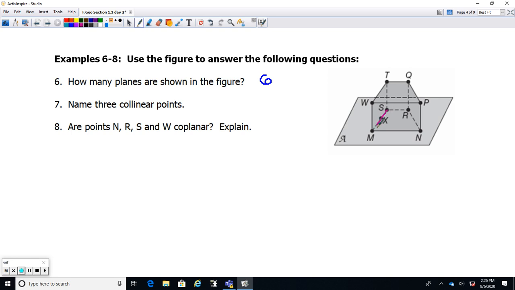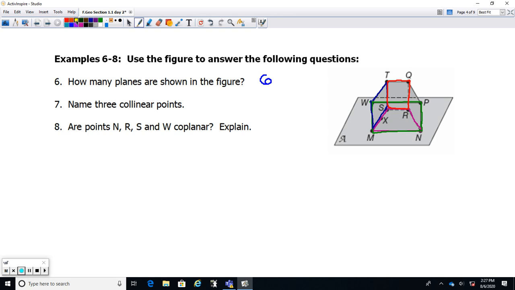I have this one here on the bottom, so I'm going to color it pink. There's 1. And then I have this one that was in the front as 2. This one on the left, which is 3. In the back, I have the 4th one.